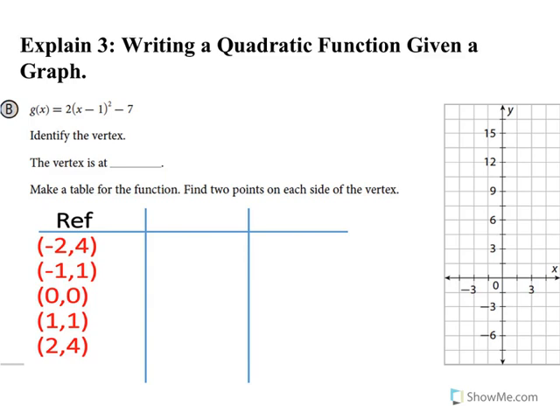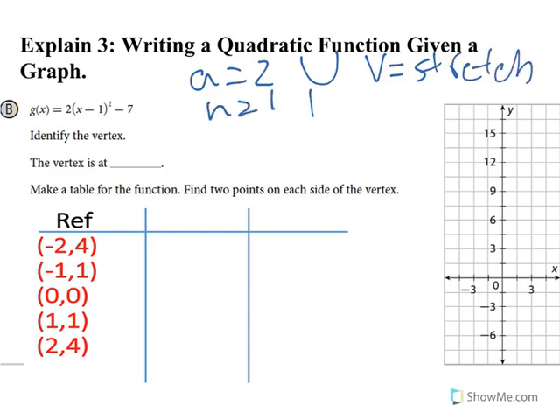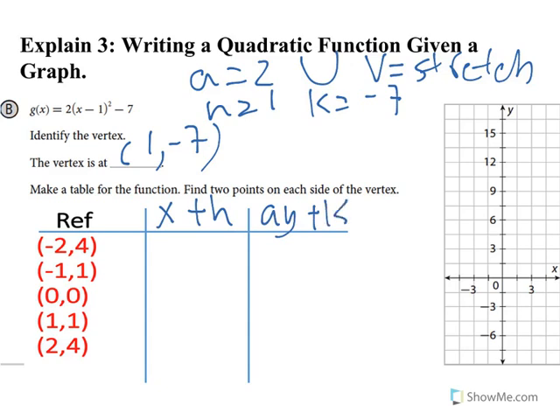So first, we see that a is 2, so the graph opens upward, and we have a vertical stretch, and our h is 1 and k is -7, so it gives us that the vertex is 1, -7. We see that this is x plus h and y plus k. So we can use mental math to do this.